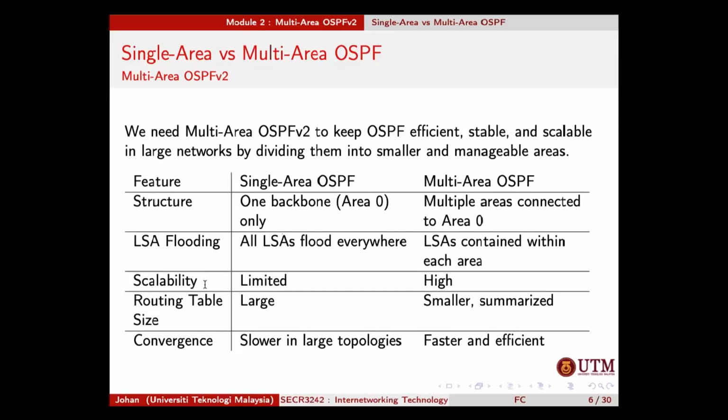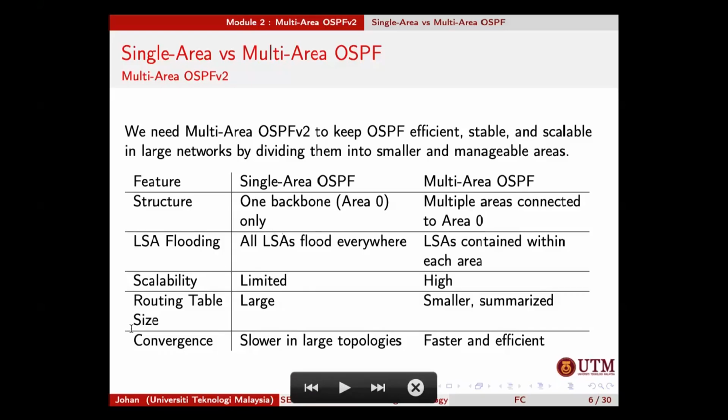Then the routing table. For single-area OSPF, if you have a big number of routers, the routing table will be very large compared to multi-area. We make it smaller, from the big one to a smaller one, and that's what we mean by smaller when we go for summarization.